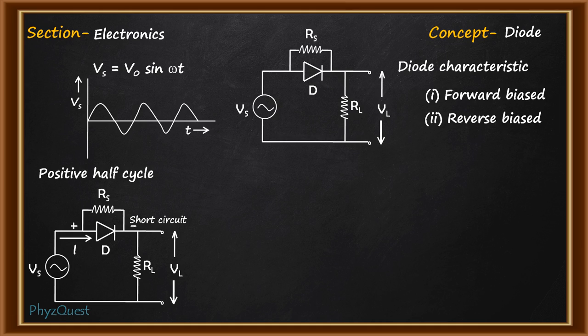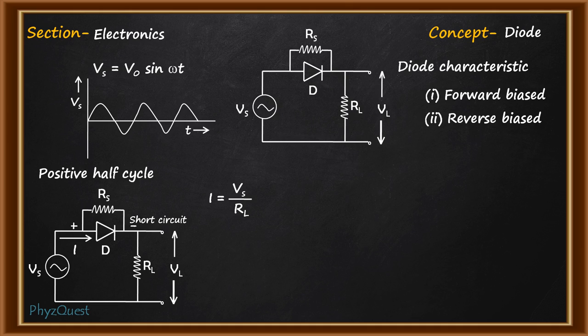So if the current is I, this I will be equal to Vs divided by RL, because after passing through the diode the current will flow only through the resistance RL. It will not pass through Rs. So I is equal to Vs by RL.